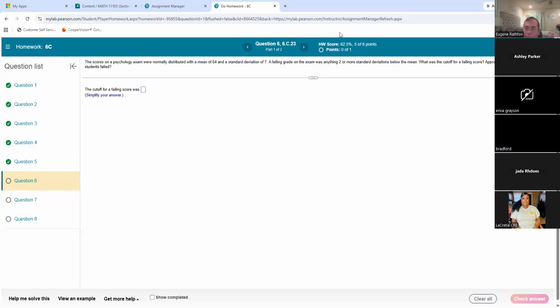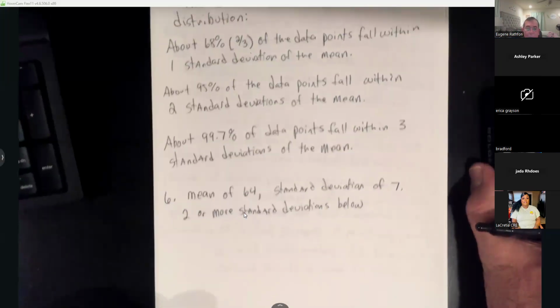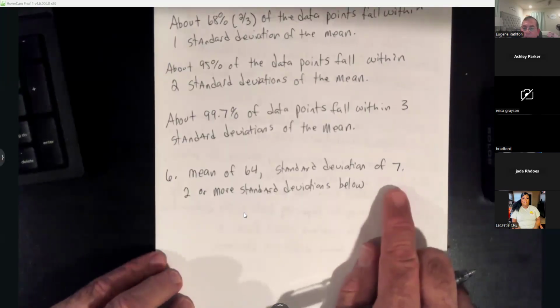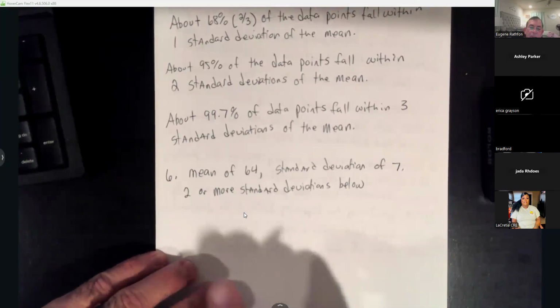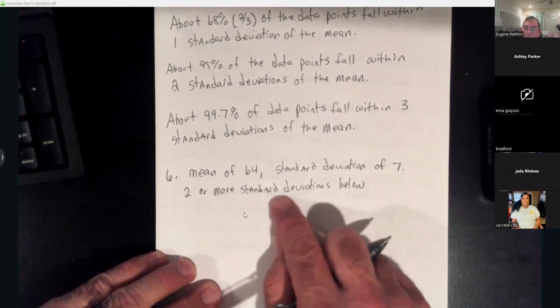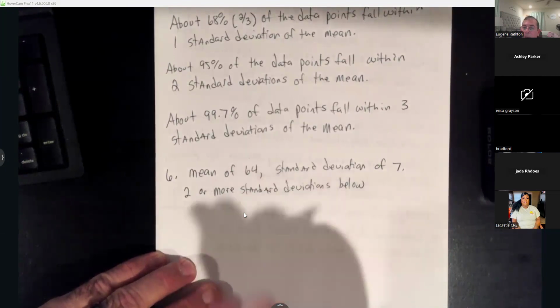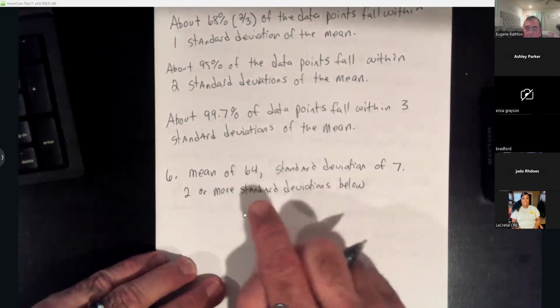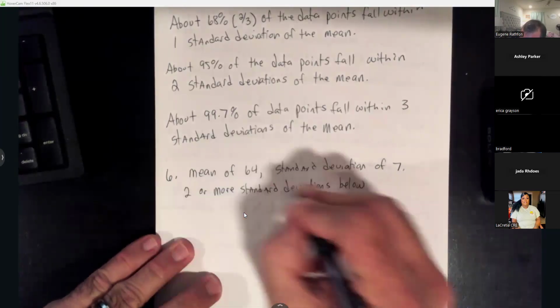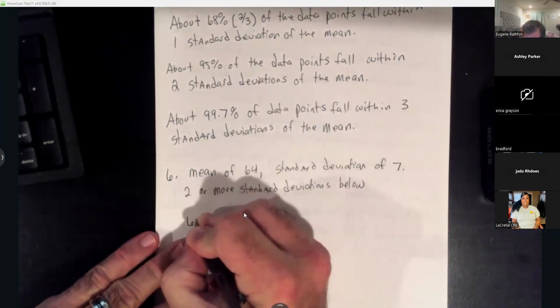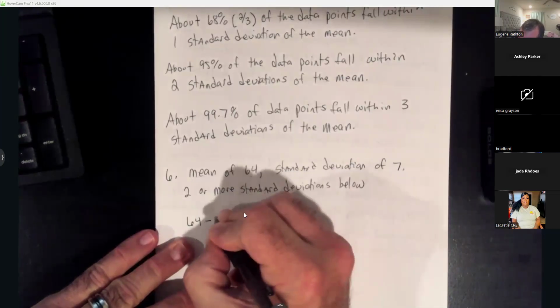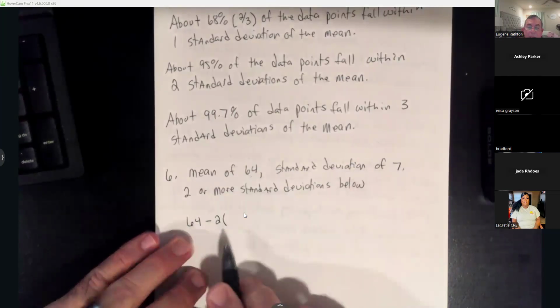All right, y'all. So here we go. Our mean is 64, standard deviation is 7. So they're saying 2 or more standard deviations below the mean was a failing score. So what we would do is take 64 minus 2 standard deviations.